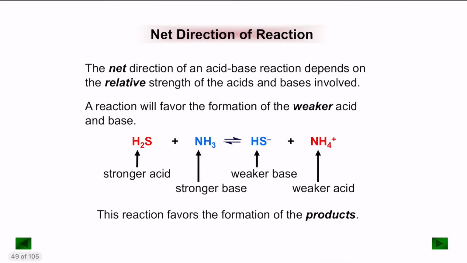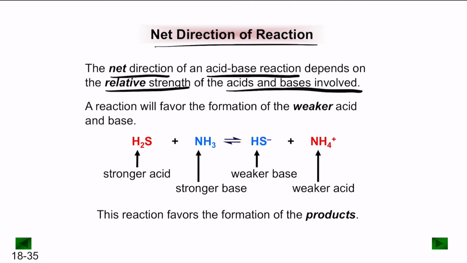So let's look at the net direction of reaction. Understanding the conjugate base gives you only a certain level of understanding of this, but the next thing to understand is the direction in which the acid-base reaction generally goes. So the net direction of an acid-base reaction generally depends on the relative strength of the acids and bases that are involved. The main point to remember is that the reaction will always favor the formation of a weaker acid and a weaker base.